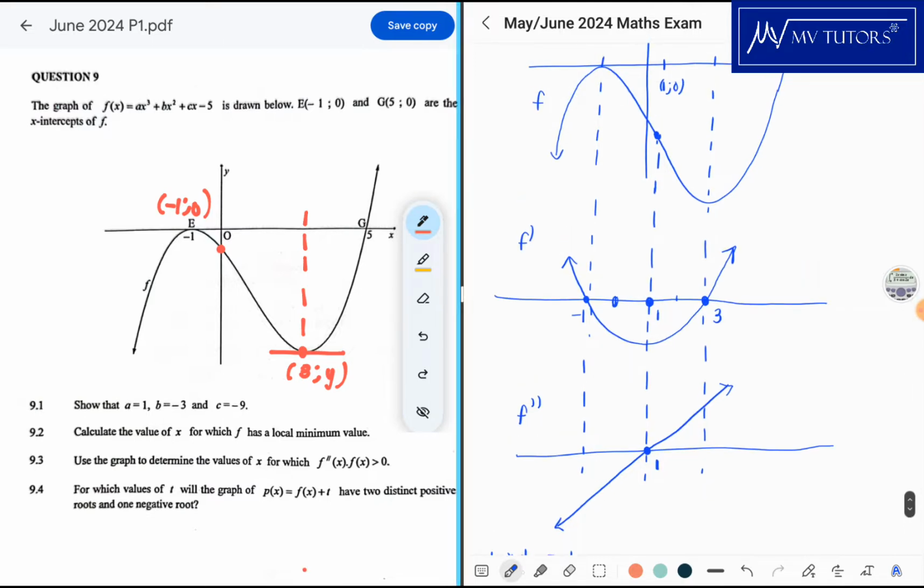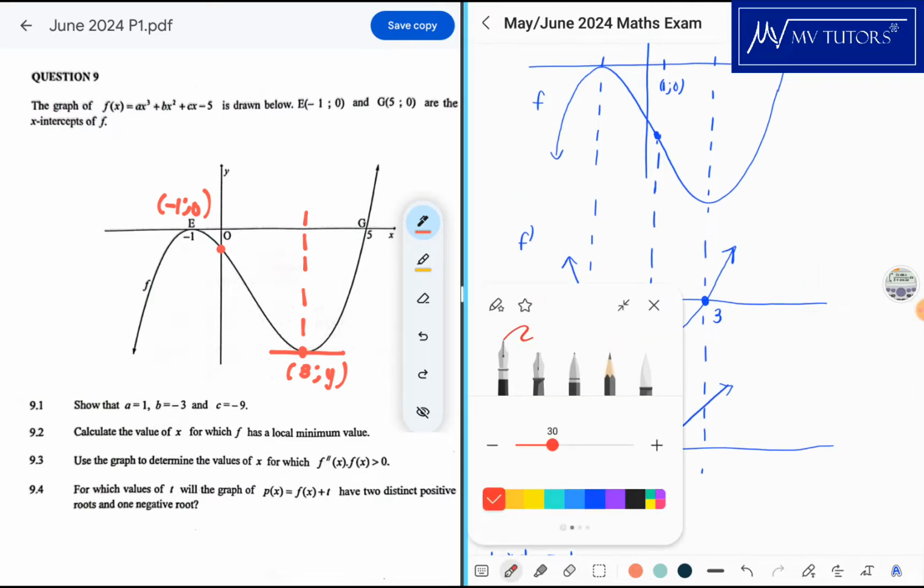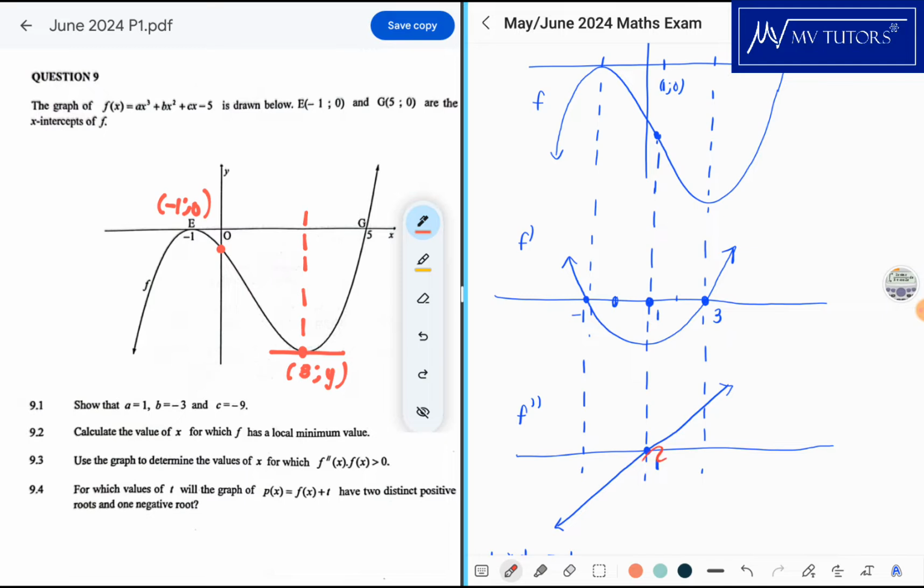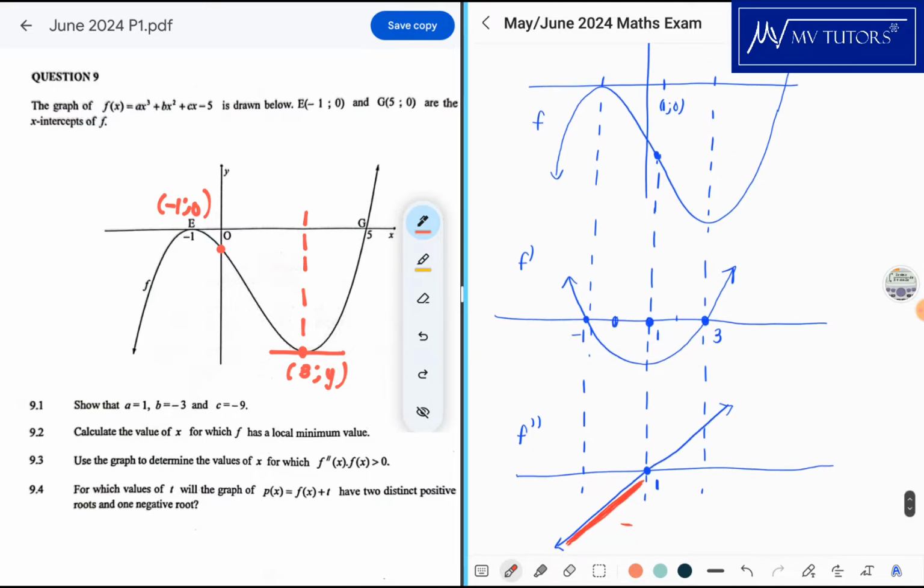Now let me just use a different colored pen. If I look here, the values before 1, actually all these values here are negative. And if you look at your original function, I also have negative values over here. Negative until I get to 0. Right?